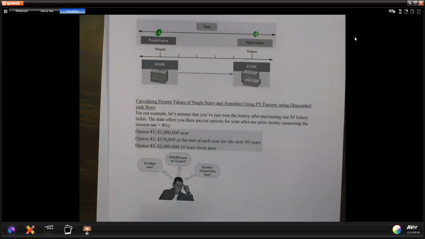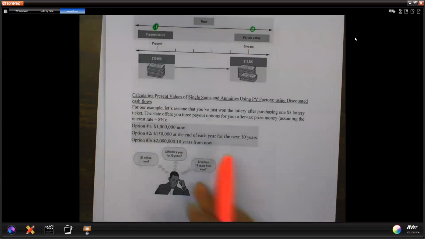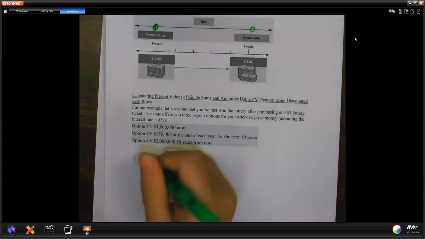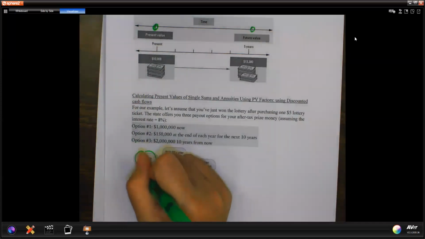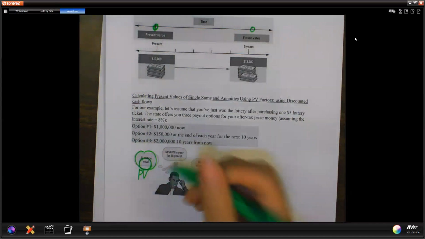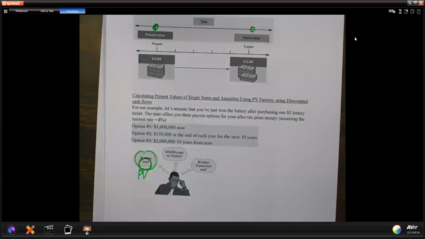We have a good, practical example here. You are so lucky, you won the lottery, and you have three choices. Either you get $1 million now, so that's our present value. Present value is the money for now; I can take $1 million home tonight.